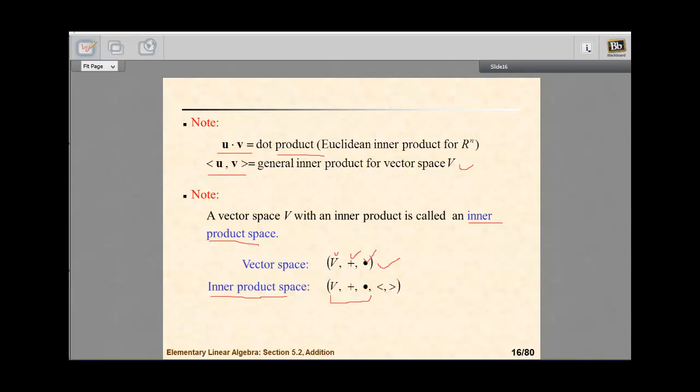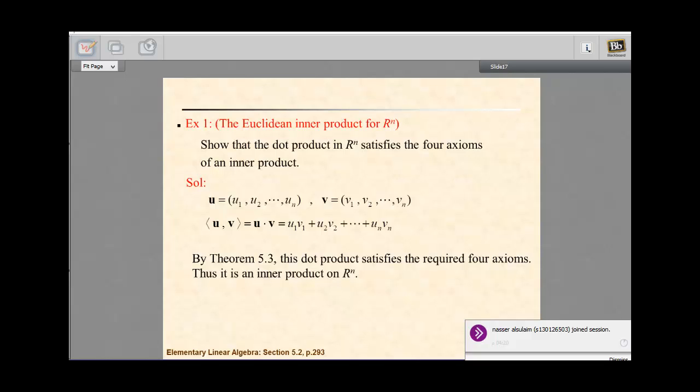Similarly, if it is an inner product space, it holds all the vector space properties and also the inner product space properties. So this is the symbol to define the inner product space.